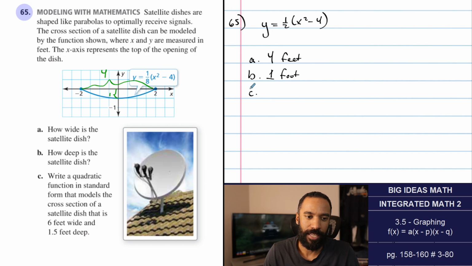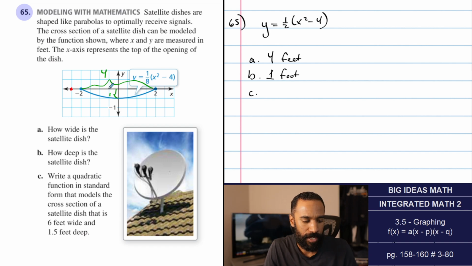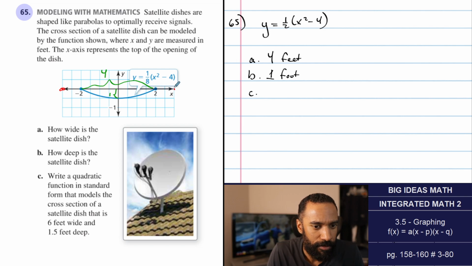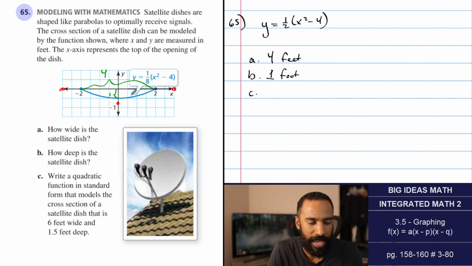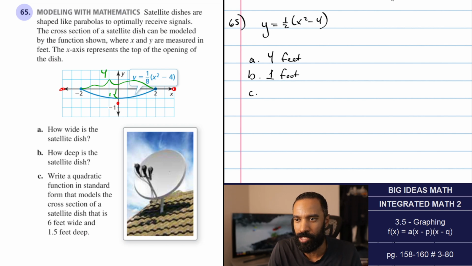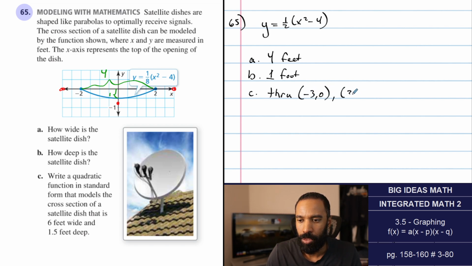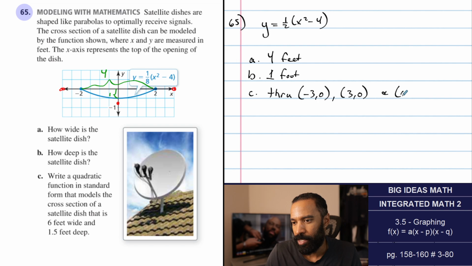If we're 6 feet wide, we're going to go from -3 to +3. 1.5 feet deep is right here. That also represents your vertex. So we are going to have a few points on this thing, kind of like those last problems: (-3, 0), (3, 0), and (0, -1.5).